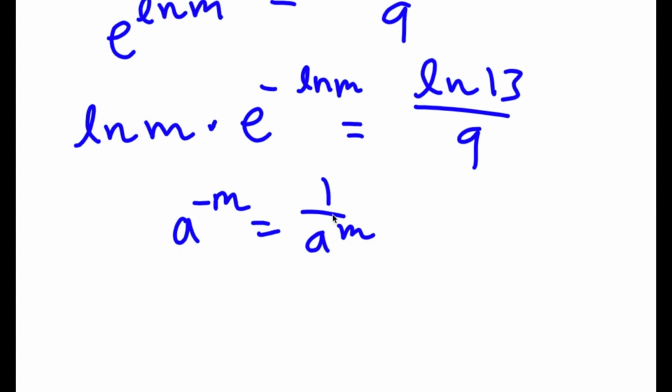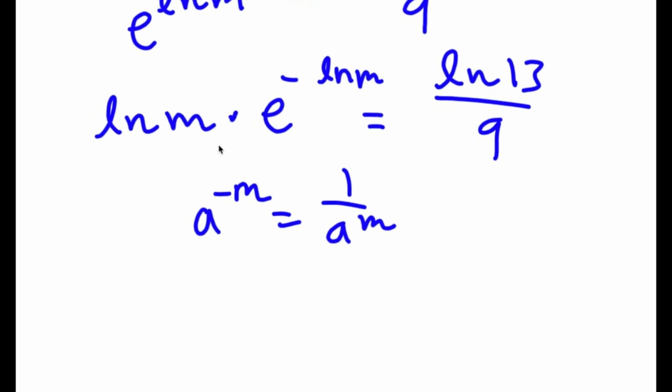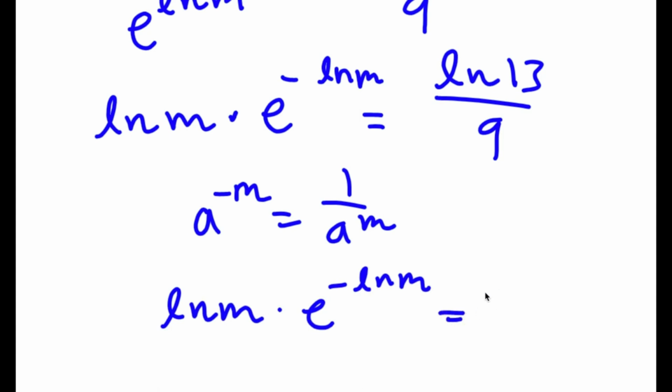So now we have ln m times e to the power of negative ln m, which is equal to ln 13 over 9.